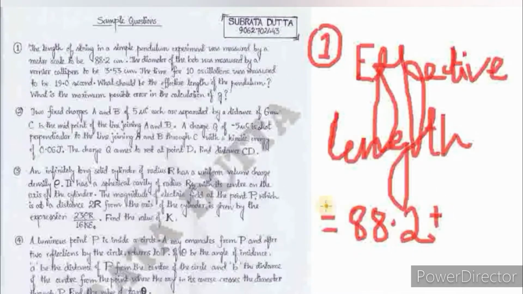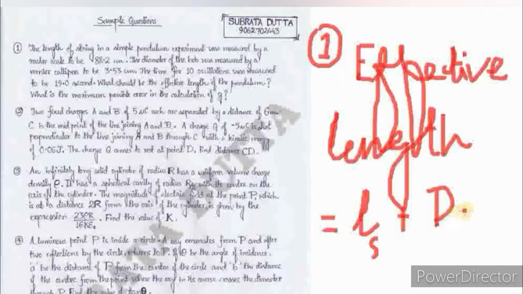Therefore, here according to the formula, the effective length is the length of the string plus the diameter of the bob, as the diameter is given, divided by 2.